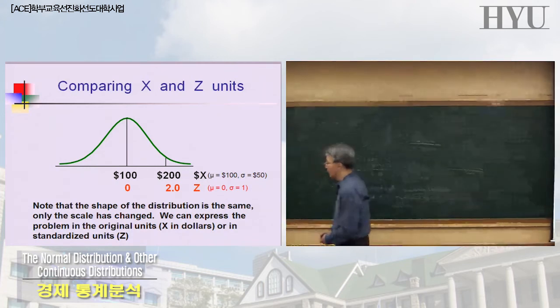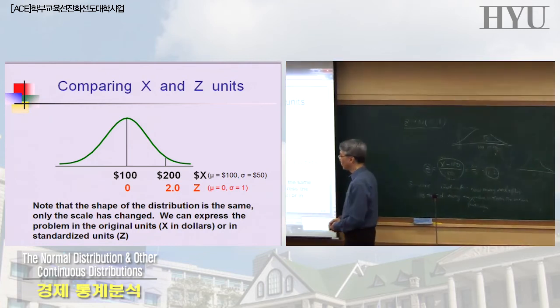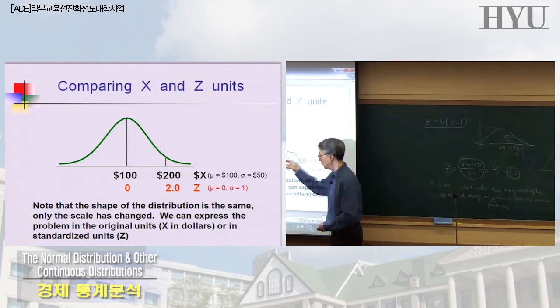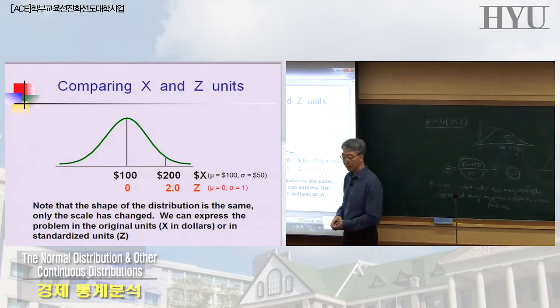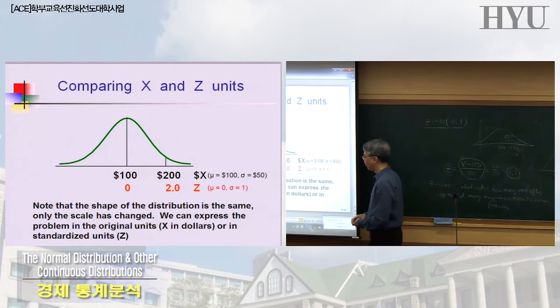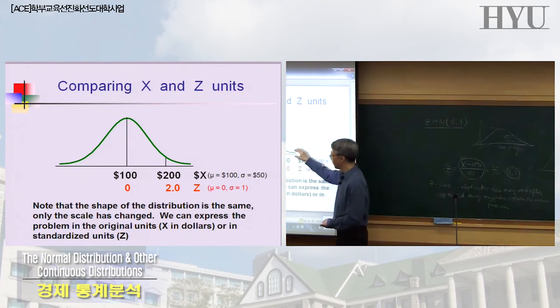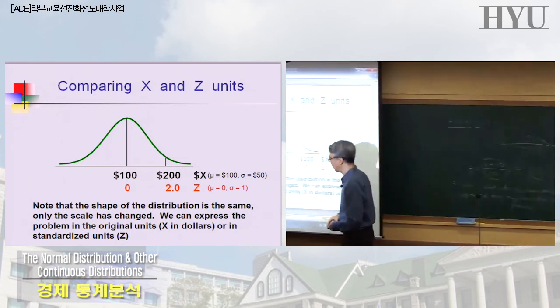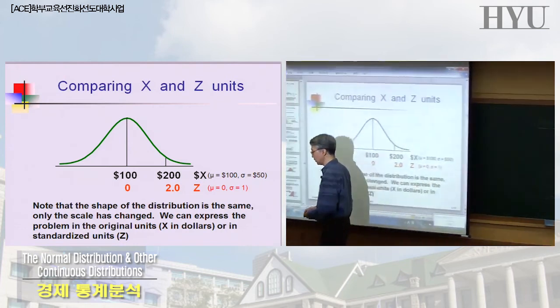Another thing we have to clearly understand is that regardless of the mean and the standard deviation, we can convert all the numbers into z-scores. So this could be the original x scale, and this could be the z scale, which has a mean of 0 and a standard deviation of 1.